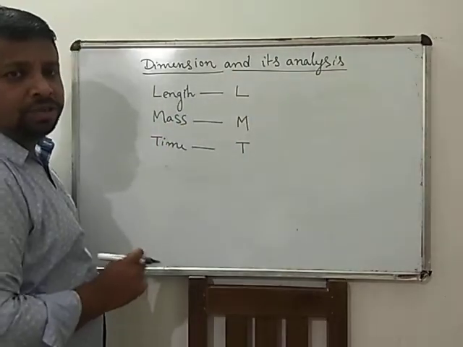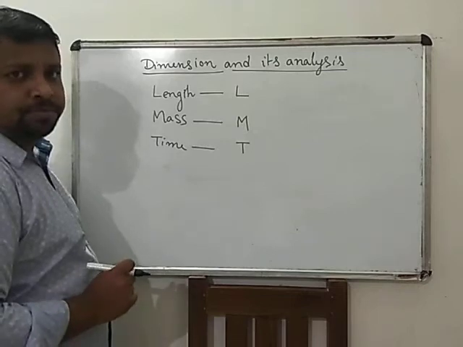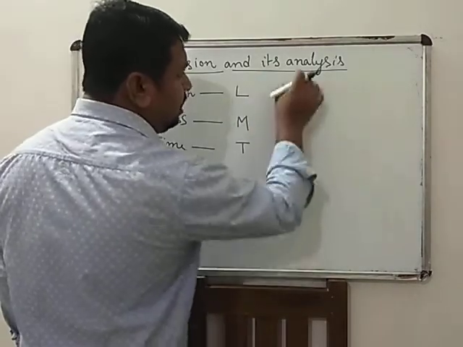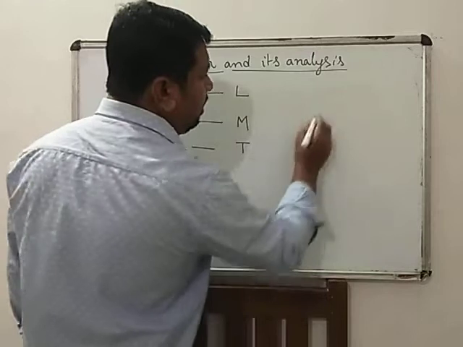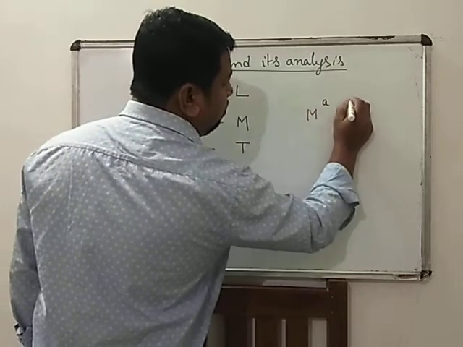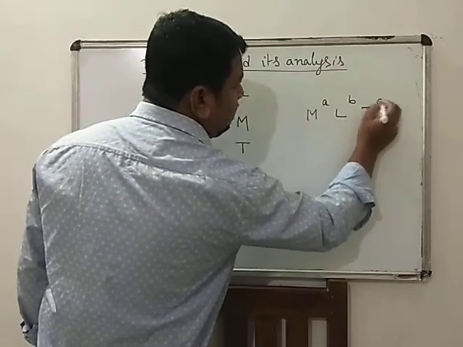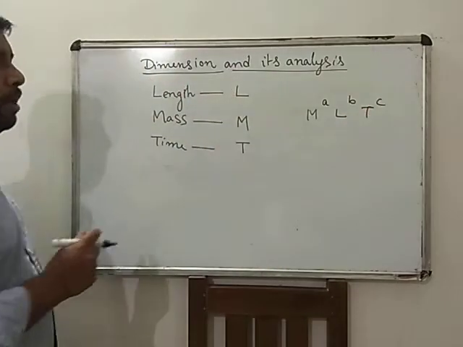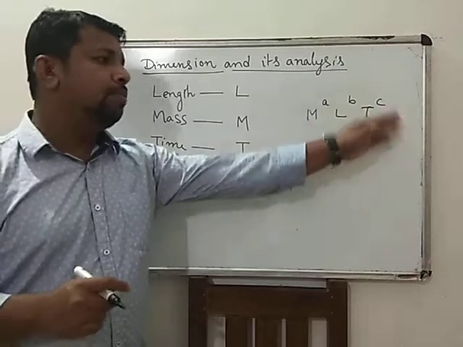So 1 is the dimension. Suppose a physical quantity can be represented like this: M to the power a, L to the power b, T to the power c.